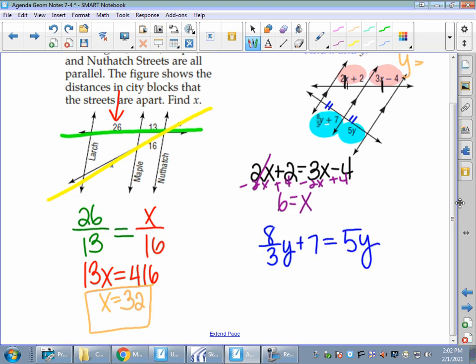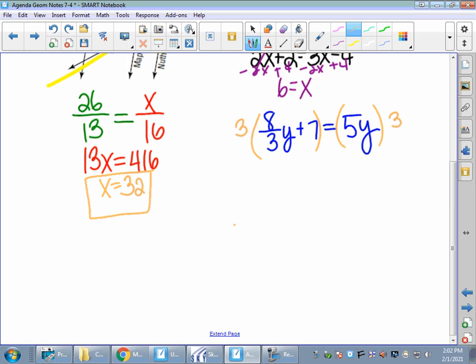Now, I'm not sure if you object to fractions, but if you do, here's a nice painless way to get rid of this. I hope you already know this, but your denominator is a 3. There's only 1. So I'm just going to multiply by 3 on both sides of the equation. I have to remember to distribute on the left over here, though. So 8/3 times 3 gives me an 8y plus 21 equals 15y.